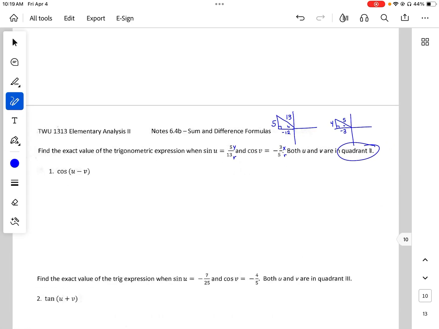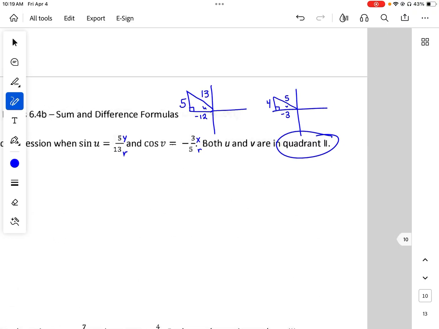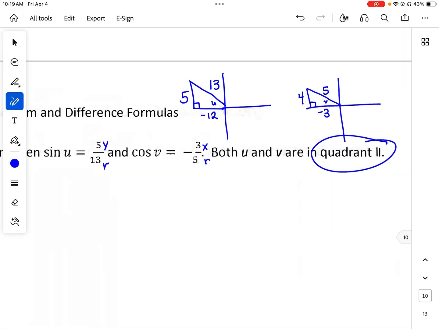So to help us along the way, because we are finding cosine u minus v, we need to go ahead and find sine and cosine of both of these triangles. So for this one, sine of u is 5 over 13, which was a given. Cosine of u is negative 12 over 13.